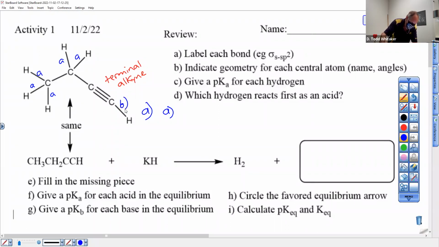So A, what kind of a bond is it when there's only one bond? Is it a sigma or a pi? Sigma. What orbitals were used to make the sigma bond? One came from the hydrogen atom, and what orbital is that? S. And the other came from a carbon that had 4 sigma bonds and no lone pairs. Yeah, sp3. We're remembering. I like.